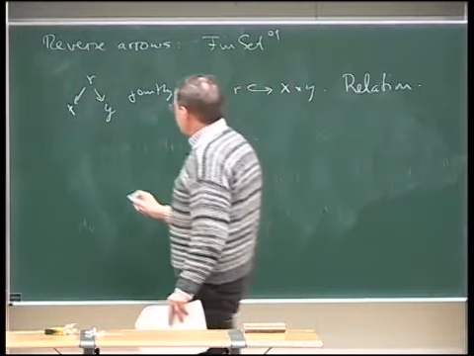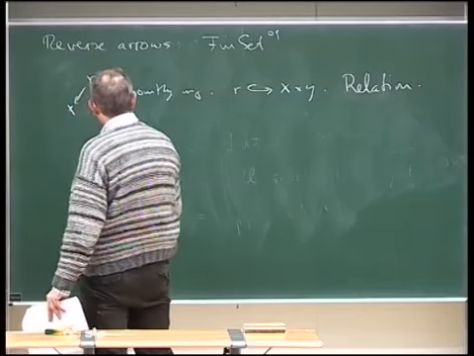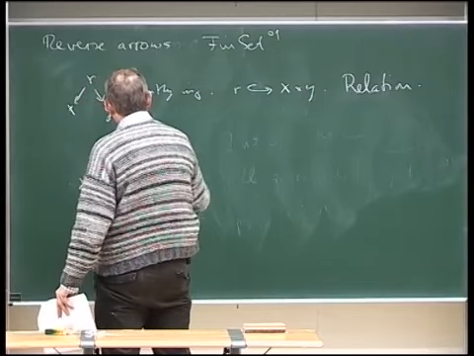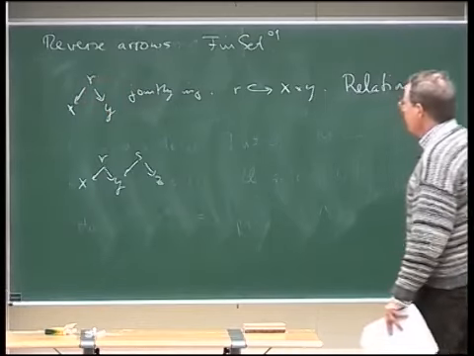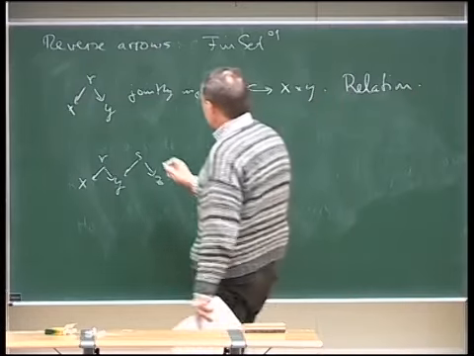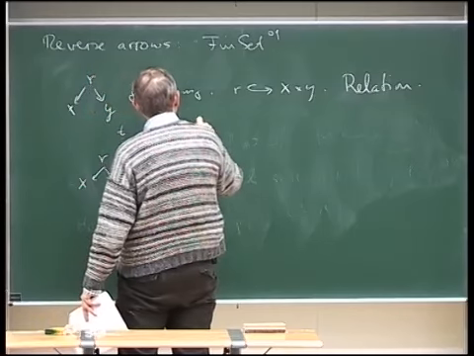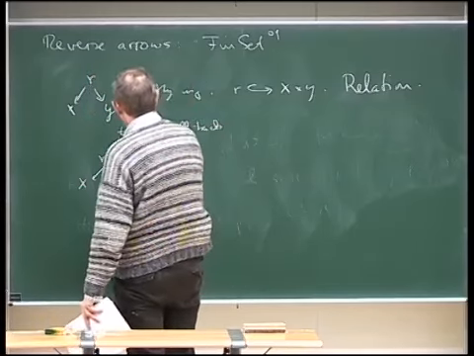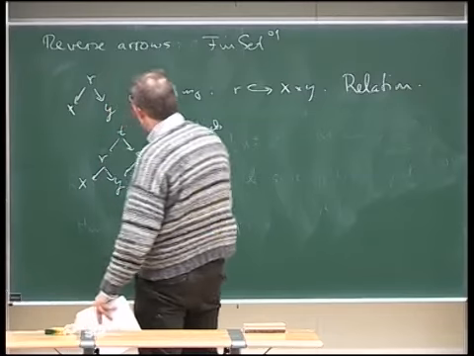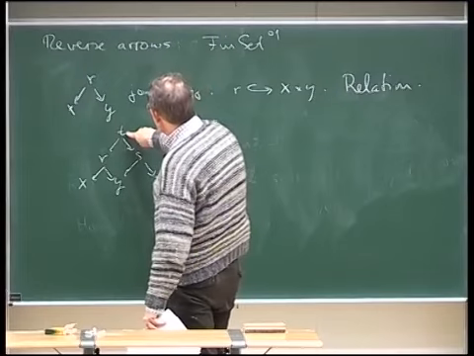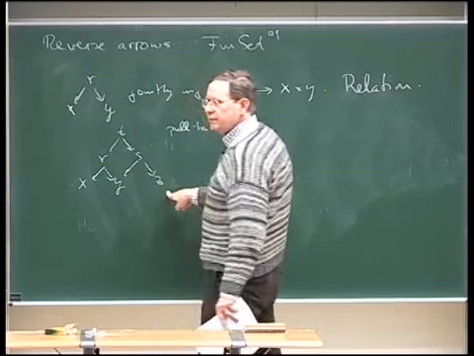Now, the composition is the following. You take x, y, z. You have two relations R and S between x and y, respectively y and z. Then you take now the pullback T. And now I'm taking the image of T in x cross z.